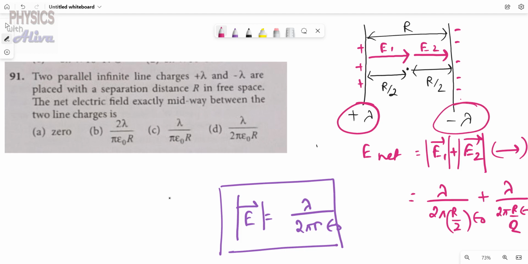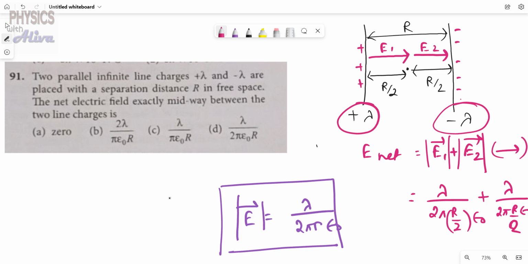What will be affected by this positive and negative sign? Only the direction of the electric field. The magnitude will remain the same, right? We have already considered the signs, and considering the nature of the charges, positive and negative, we have drawn these electric fields. Now we will only consider the magnitude.